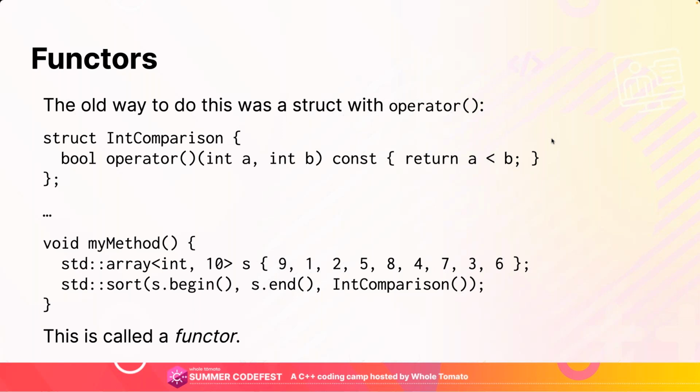And then I put that in a call operator and put that in a struct. And then in my sort code, I would pass an instance of my struct, which has the call operator, into the sort method. Now that's called creating and using a functor. So the struct that has the call operator is a functor, which is a type of function object.